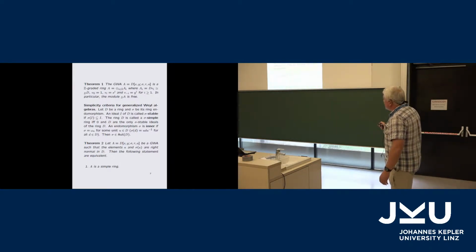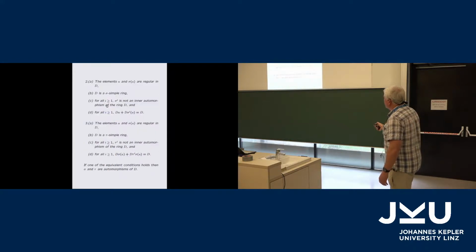So this is a problem. Okay, so there is a general criteria, but here I give only one with some additional condition that these elements are right normal. Then the generalized Weyl algebra is simple if and only if the following conditions are satisfied. The elements are regular.